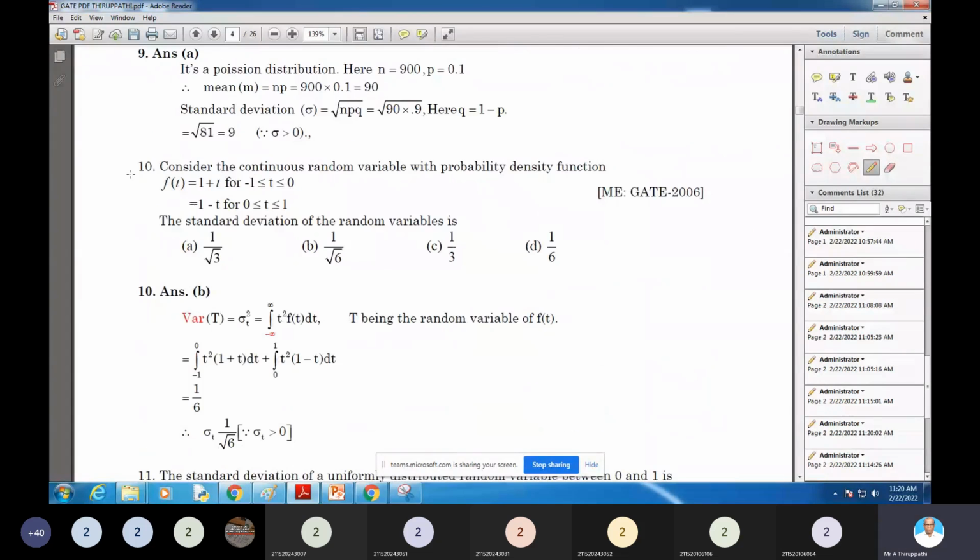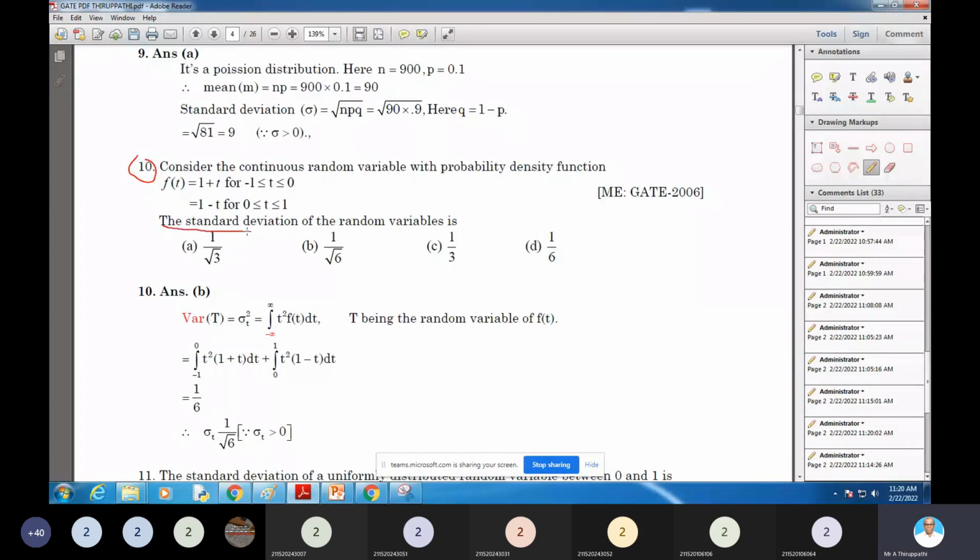Now come to the next problem. Consider the continuous random variable with probability density function given as 1 plus t, varying from minus 1 less than t less than 0, and 1 minus t, varying for 0 less than t less than 1.